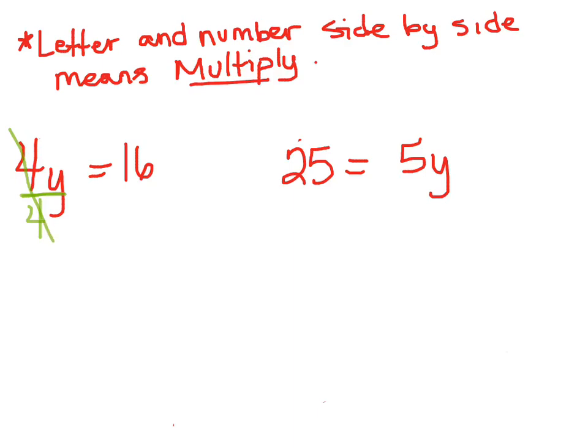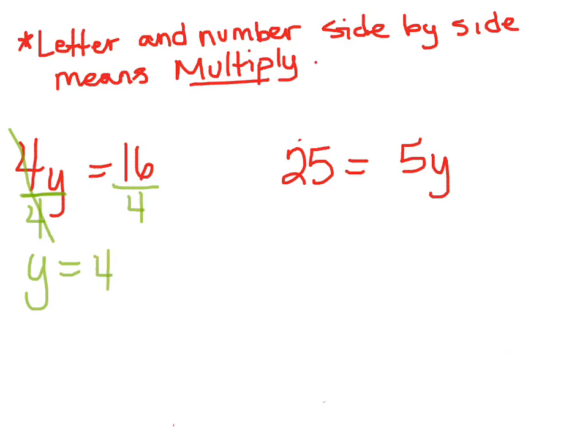These two cancel each other out, and y is left on its own. Then I come over to the 16 and say 16 divided by 4. It's written as a fraction, but isn't a fraction just a division problem? Yes, it is. So 16 divided by 4 is 4.